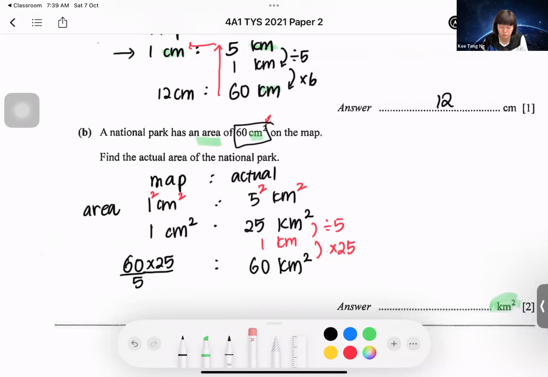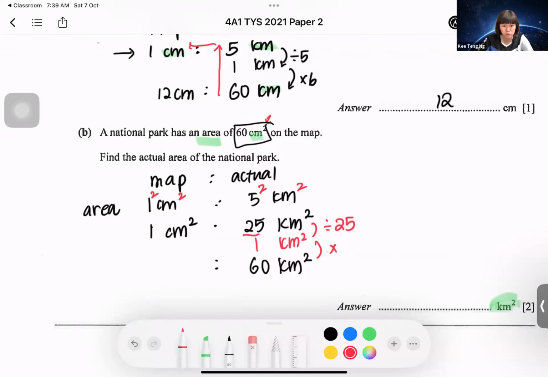Oh, sorry, wrong. What am I doing? Okay, to find 1 kilometer square, it is divided by, the number here is 25, so it's divided by 25.